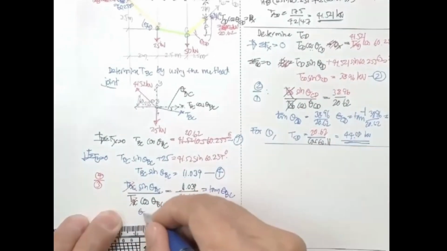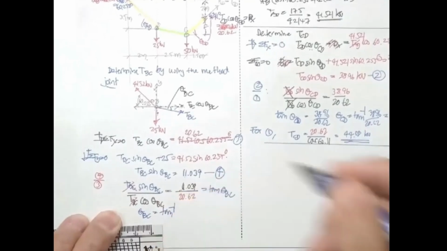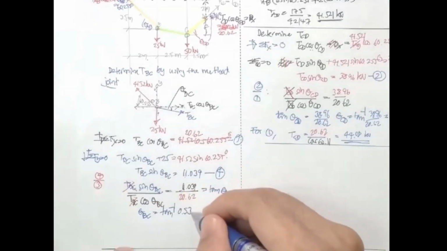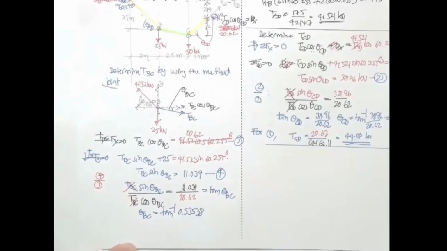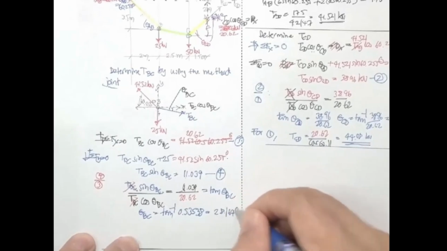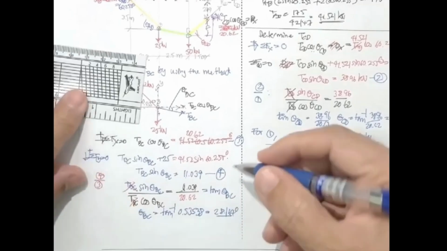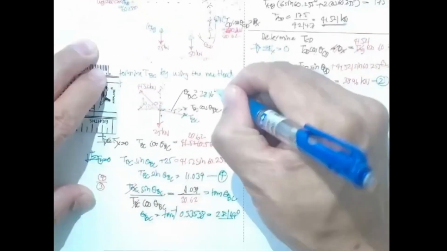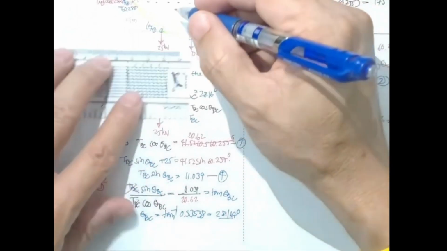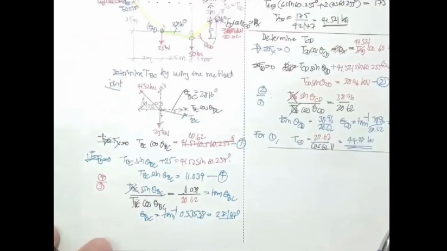Now, theta sub BC is going to be arctan of this one, 0.5338, and then that is going to be 28.164 degrees. Now you get the angle over here to be 28.16 degrees. Or if you put it over here, this is going to be 28.16 degrees. And then you just plug this one back.